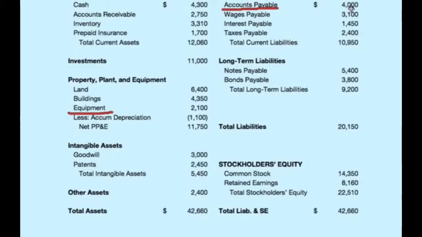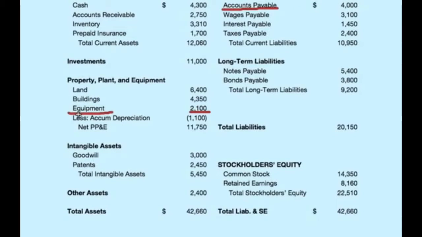So the 2,100 of that is what they owe for purchasing this equipment that shows up in their assets. So those are the two ways that the liabilities and the stockholders' equity account for what's in the assets portion of the balance sheet.